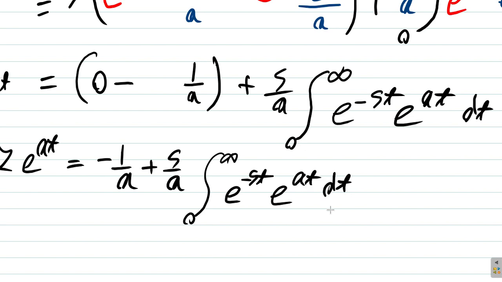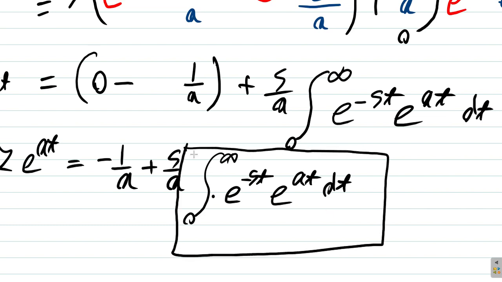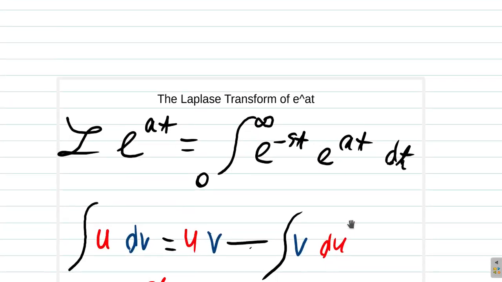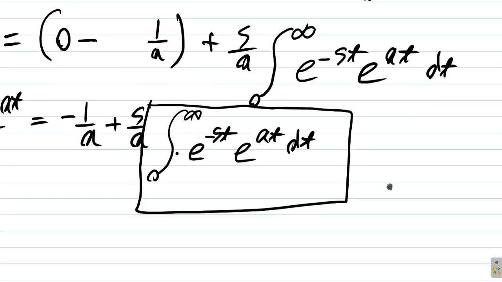But hold on. What's the Laplace transform of e to the at? It is this: the integral from 0 to infinity of e to the negative st, e to the at, dt. Right? And we had it up here earlier.